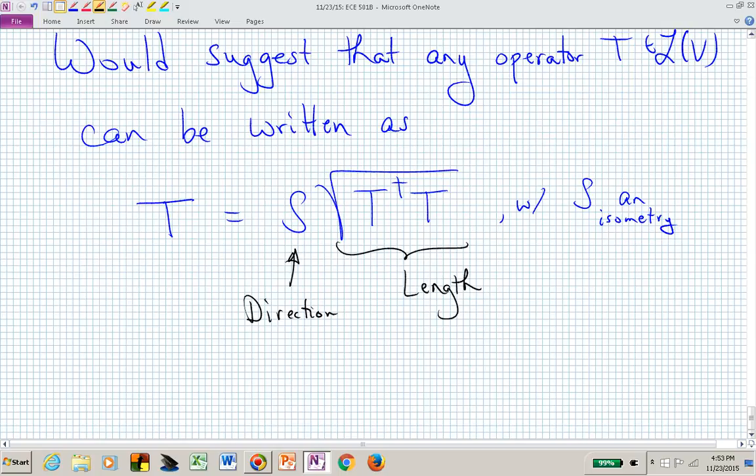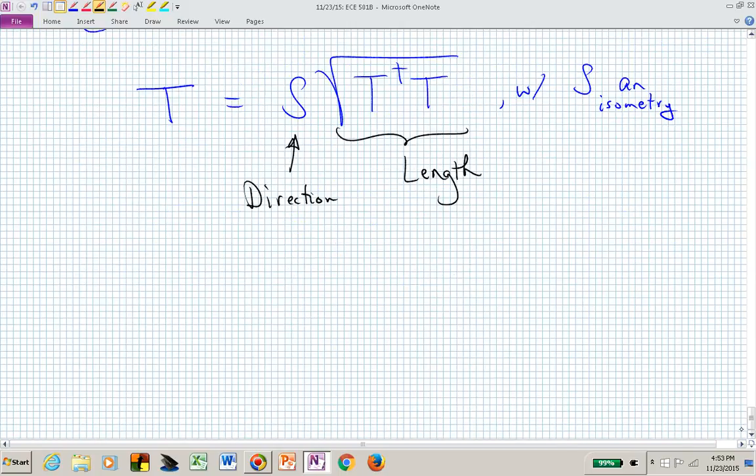We already know how to find, starting with an operator, its adjoint. We've talked about finding the unique square root of a T dagger T expression, or a positive linear operator. Now we'll learn how to find this direction S. And yes? Assuming that T is positive?